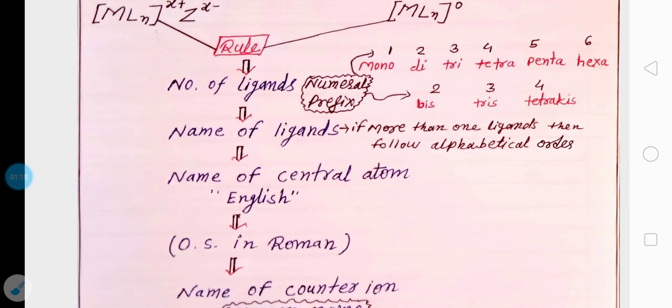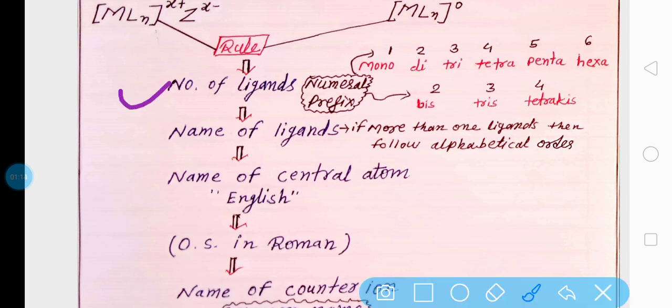Firstly, you have to write down the number of ligands. If the number of ligands is more than one, then you write di for 2, tri for 3, tetra for 4, penta for 5, and hexa for 6.